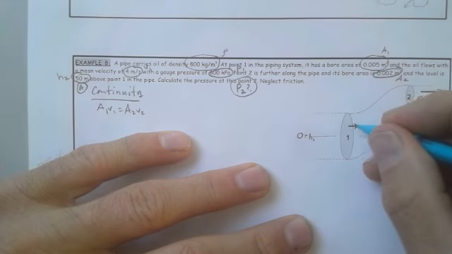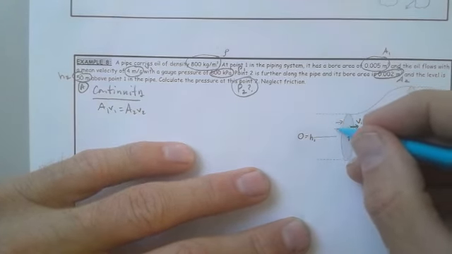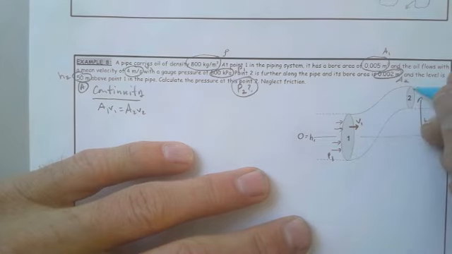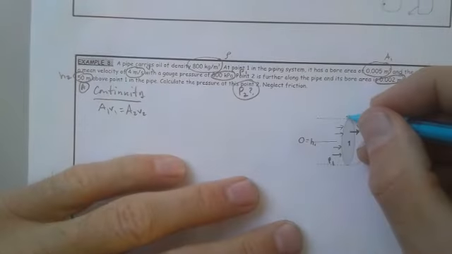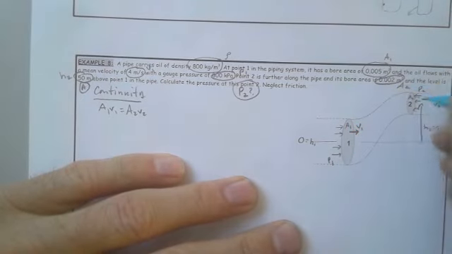Over here, it's going to be going slower. We're going to call that V1. There's going to be some pressure right here. We'll call that P1. There's going to be some pressure against the flow right here. We'll call that P2. And let's call this A1 right here, and this A2 right here. All right, I think that's everything we've got.